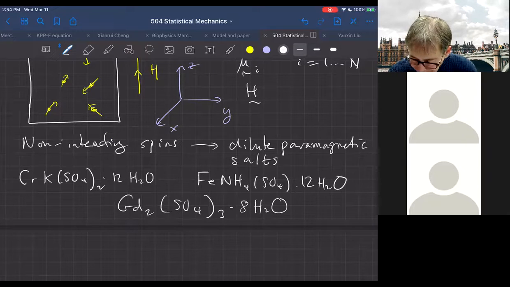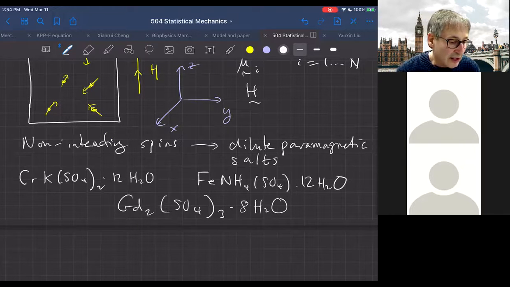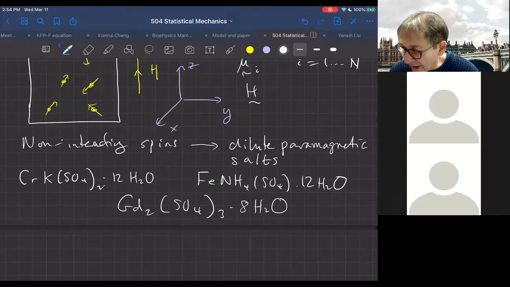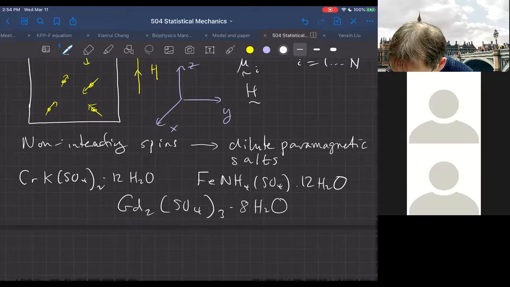And these different salts have been chosen specifically. I'm talking about those because they have different valence states. So the paramagnetic ion in each of these cases is the one I'm underlining now: the chromium, the iron, and the gadolinium.